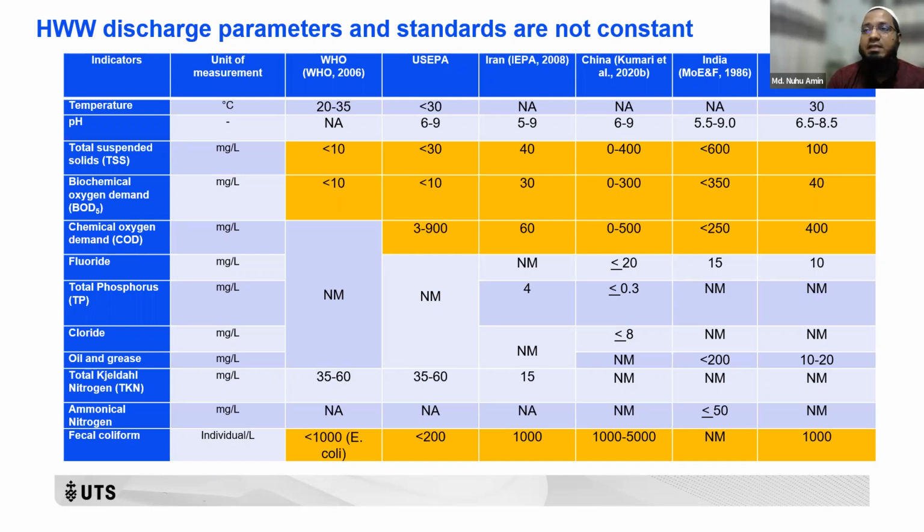So there is inconsistency between the parameters, and because thousands of parameters need to be considered if you want to say this wastewater is clean, it is really challenging for low-income countries to decide which parameters to adopt and follow. So this also needs to be resolved in future research.